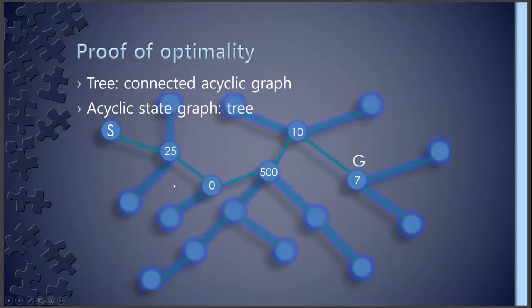Since there is only one path and we computed the maximum score that you can get from visiting all the subtrees, you will get 25 points from this node, you will get 500 points from this node, you will get 10 points from this node, and you will get 7 points from this node, and you will go to the goal node.